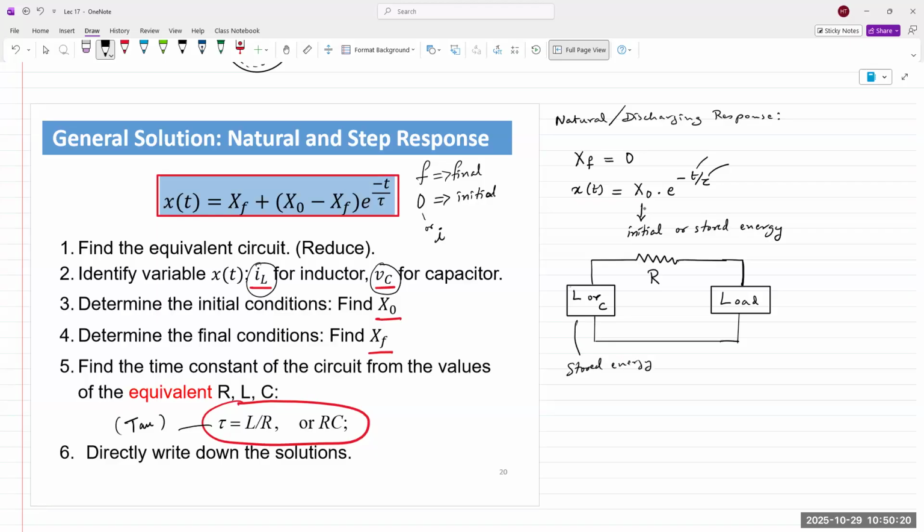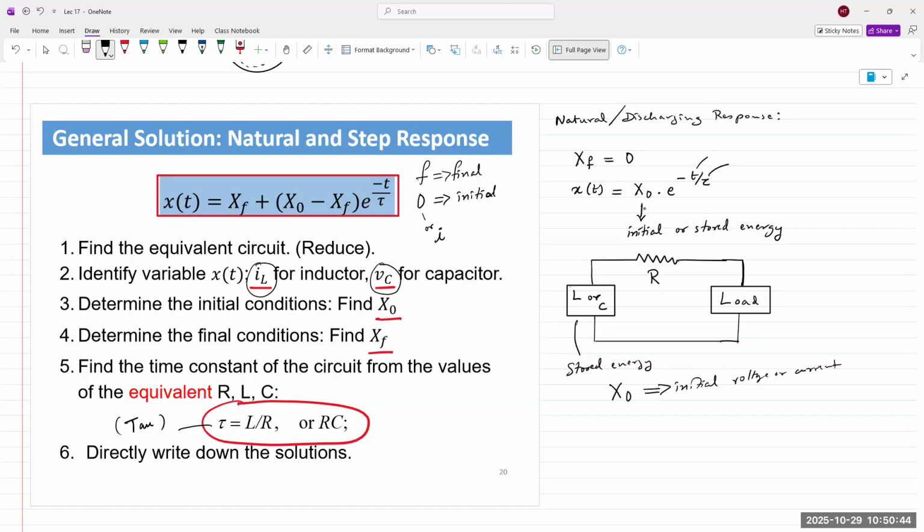And the stored energy is going to be our X0. X0 is the initial voltage or current that is stored in the inductor or the capacitor.